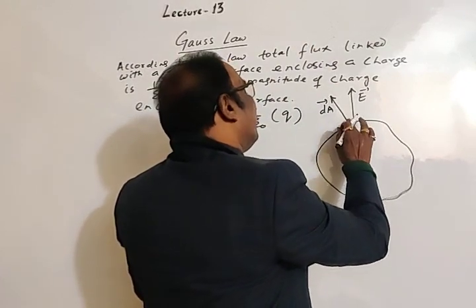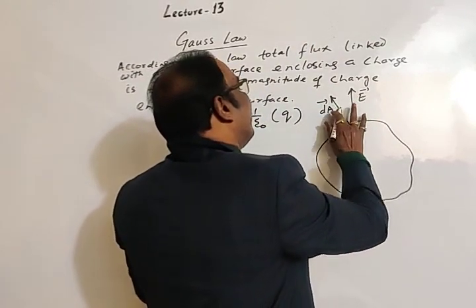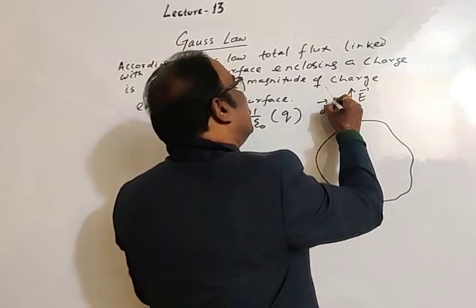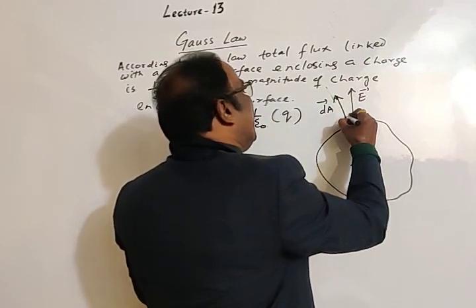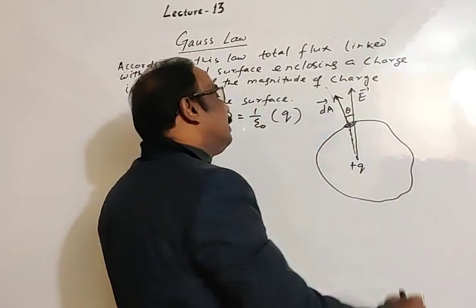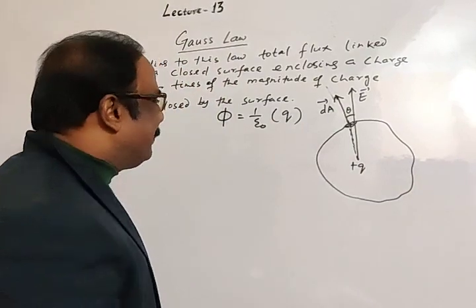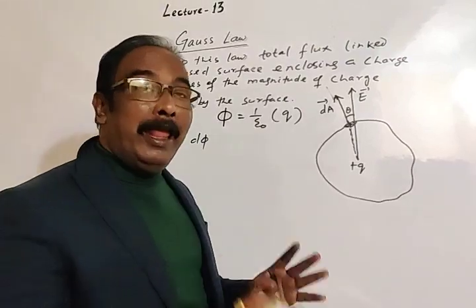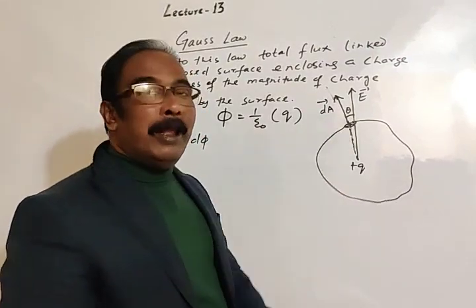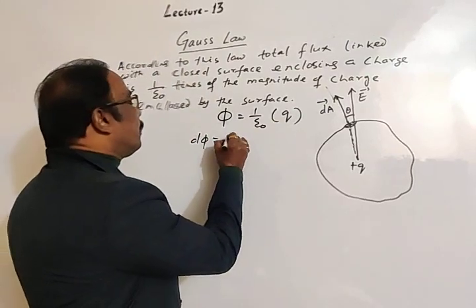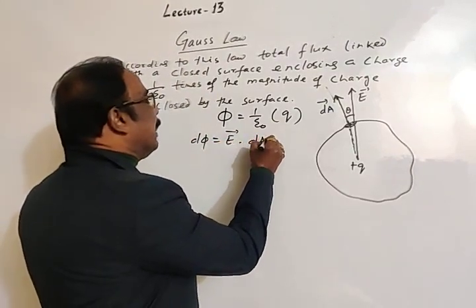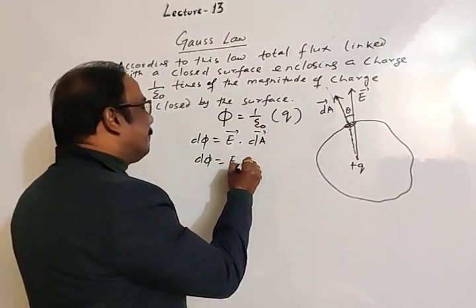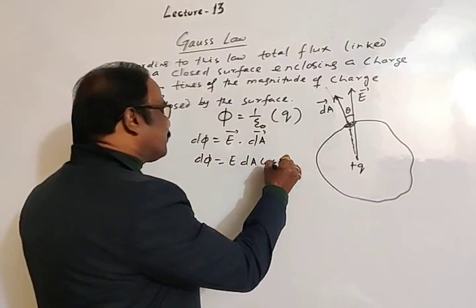Let the angle between them be any angle, let's take theta. As we know, flux d phi linked with this elemental area dA is given as the dot product of electric field intensity and area vector. Then d phi is equal to E dA cos theta.